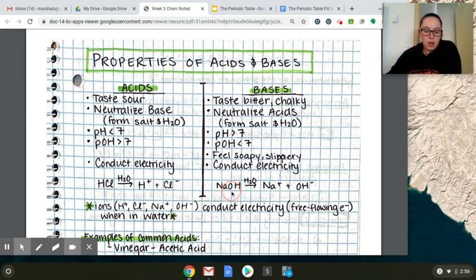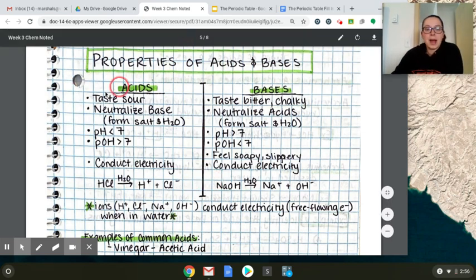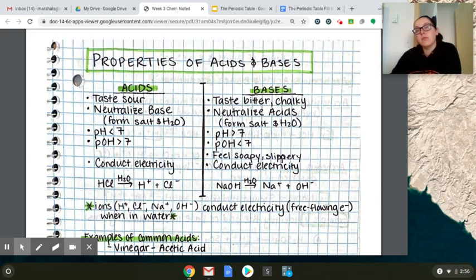So some properties of acids and bases, you might have heard these before, you might not have. It's okay. I still think you should write them down. Acids, they taste sour. So when you think of sour things, you think of lemons or limes, maybe some oranges, sometimes apples, depends on the apple. That's because they all have different types of acids in them. They neutralize bases.